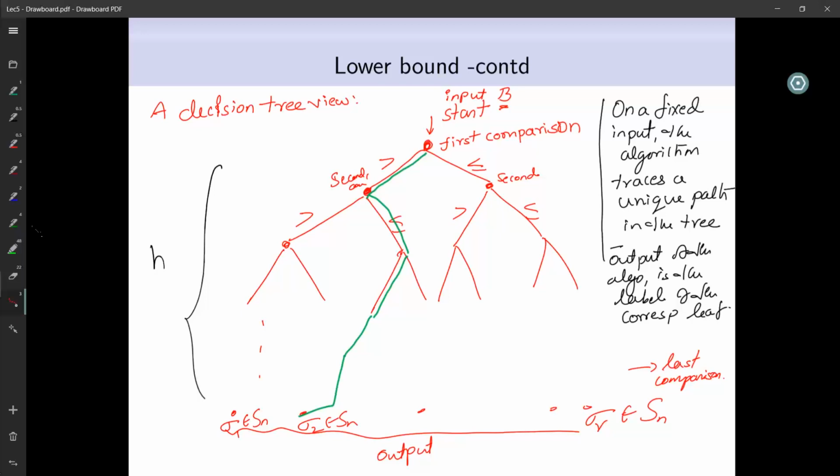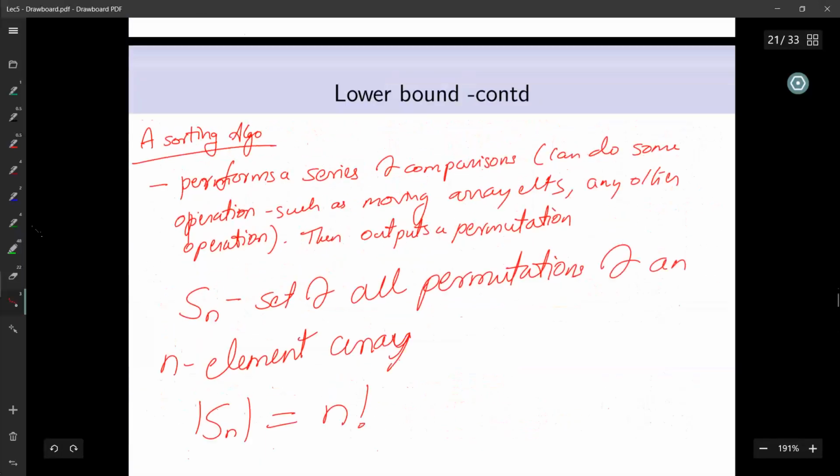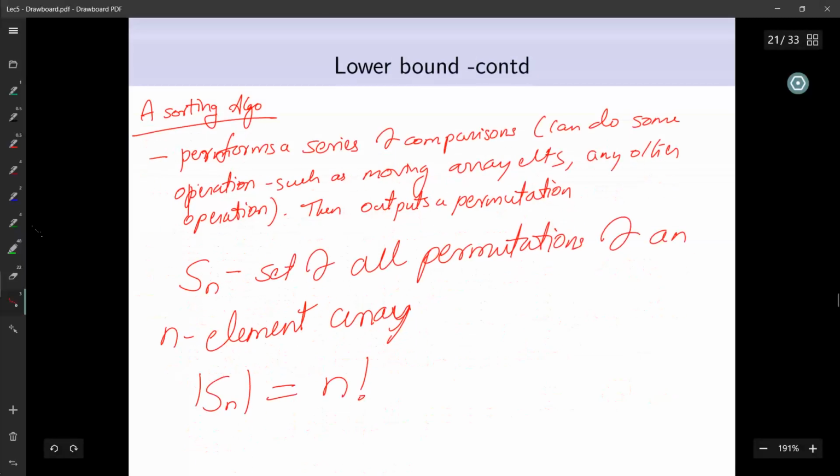Convince yourself that the permutation is unique. Because the elements are distinct, the permutation has to be unique. If the elements are not distinct, the permutation will not be unique.